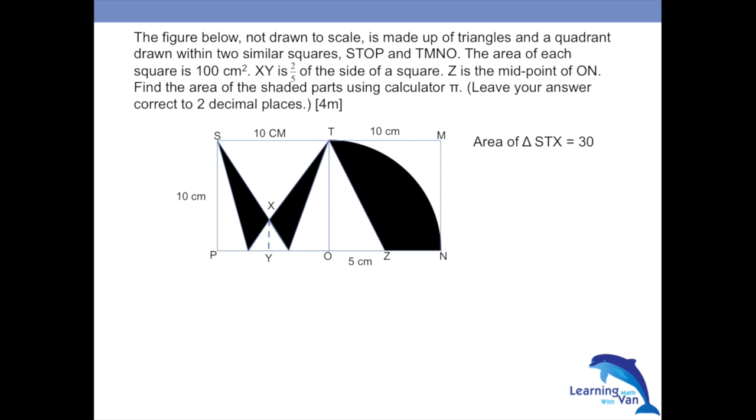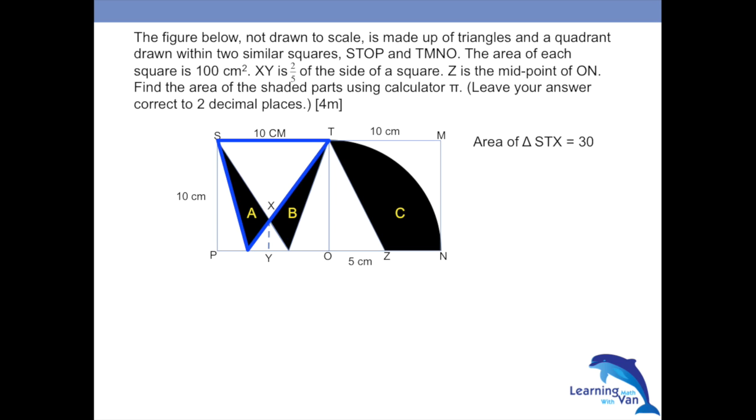So if I could combine STX plus, let's give them names, triangle A or triangle B, you'll see what happens. Do you see that? This triangle STX plus triangle A will actually give you a bigger triangle.